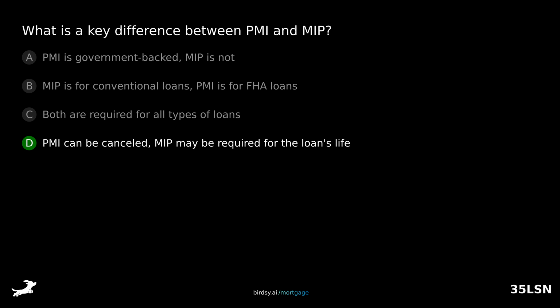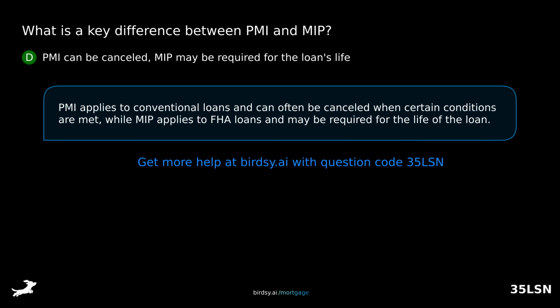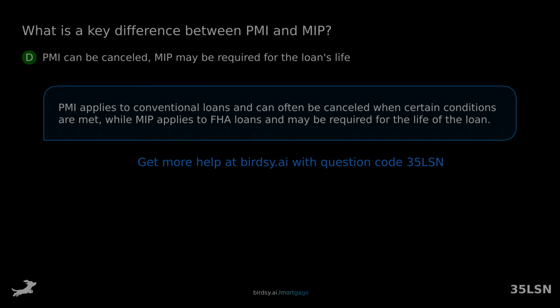The answer is D, PMI can be canceled, MIP may be required for the loan's life. PMI applies to conventional loans and can often be canceled when certain conditions are met, while MIP applies to FHA loans and may be required for the life of the loan.